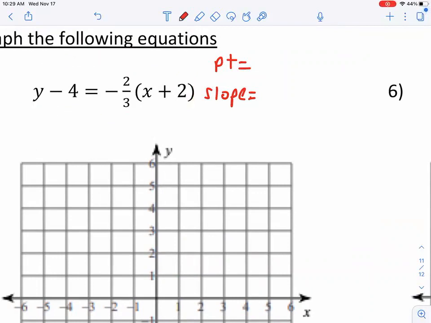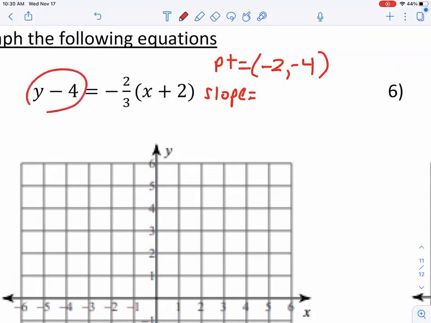The point, the x value will be -2. It's the opposite of that guy. And the y value will be -4. And so for that equation, our point is -2, -4. Again, I got -2 from here.